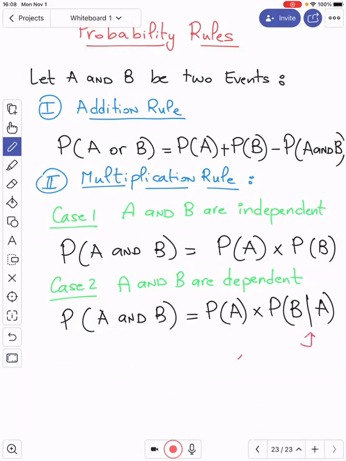So B given A means that A happened, A occurred, okay? Just to remind you of the rules we had last week.